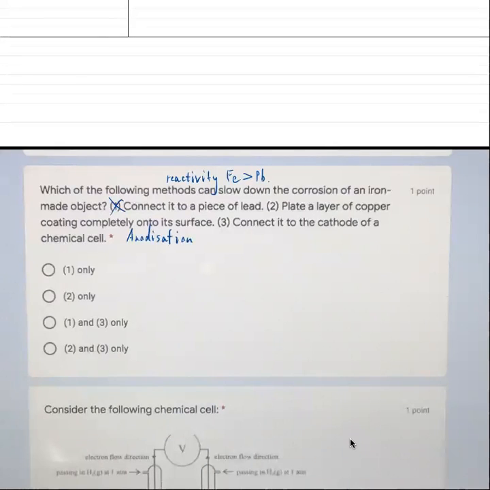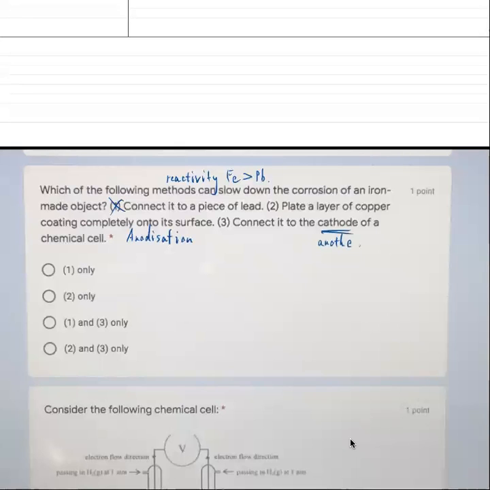But in Unit 14, we mentioned this process, anodizing aluminium in order to thicken the layer, so it prevents it from corrosion. So it should be connected to the anode, not the cathode. So that's for this one.